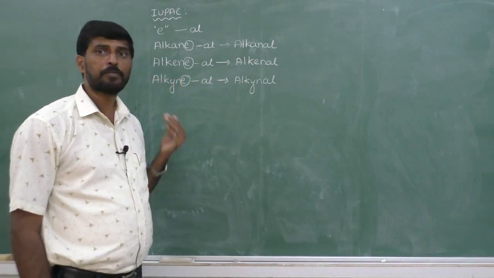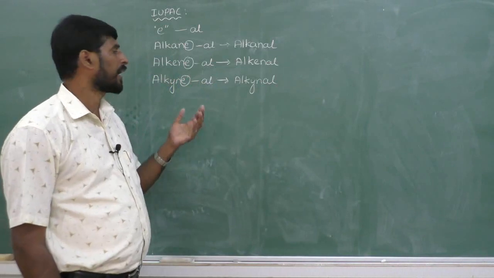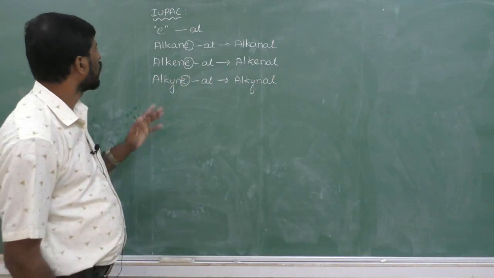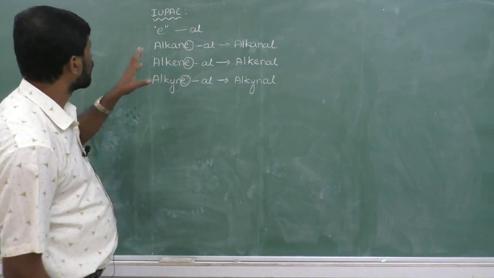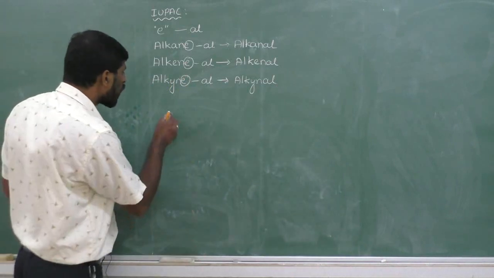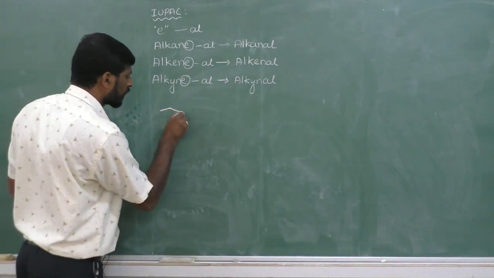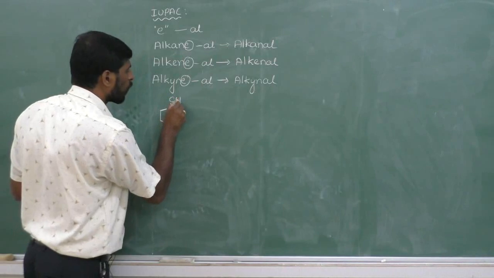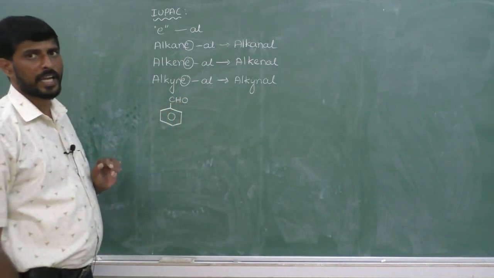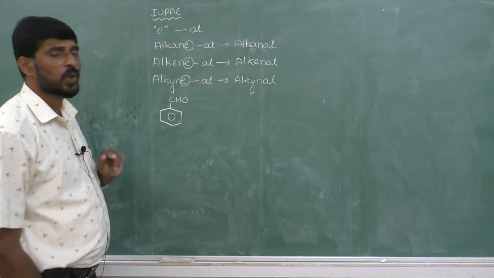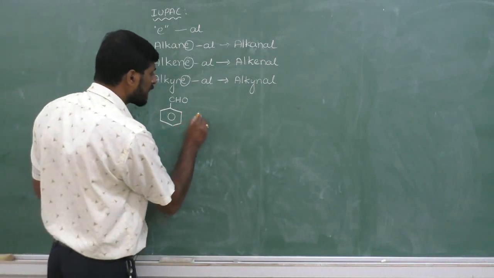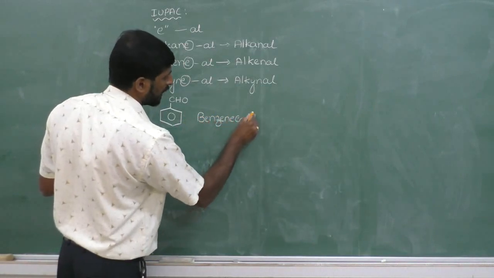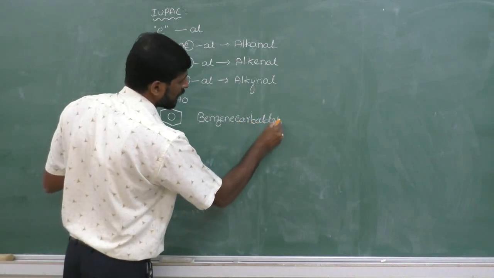From the aldehydic functional group, you have to start the numbering and give the number to the substituent group. So, this is about the aliphatic aldehyde. Then we will move on to aromatic aldehyde. Suppose a benzene ring containing a CHO group, this is known as benzene carbaldehyde.